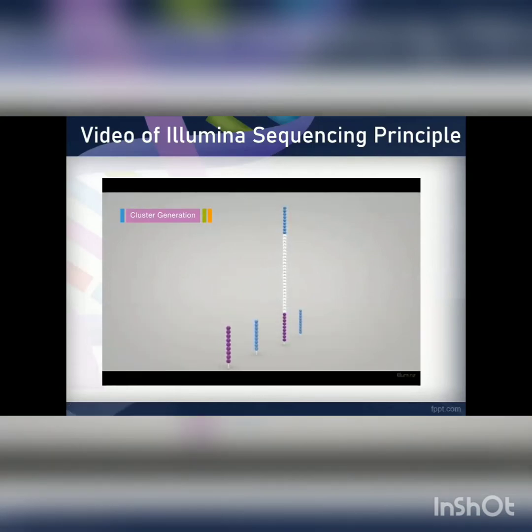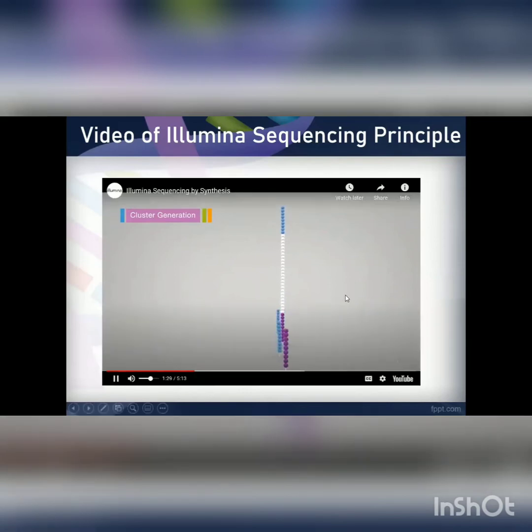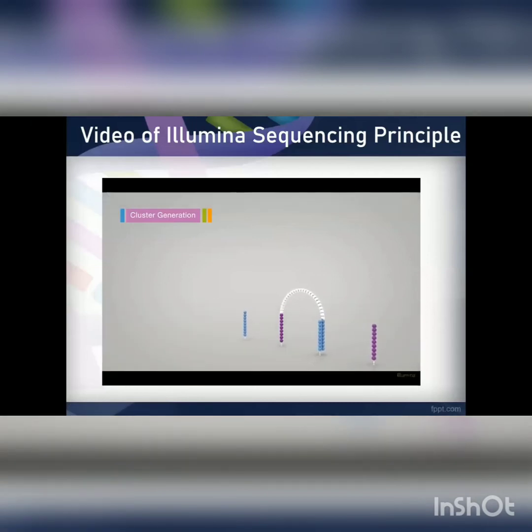The strands are clonally amplified through bridge amplification. In this process, the strand folds over, and the adapter region hybridizes to the second type of oligo on the flow cell. Polymerases generate the complementary strand, forming a double-stranded bridge. This bridge is denatured, resulting in 2 single-stranded copies of the molecule that are tethered to the flow cell.